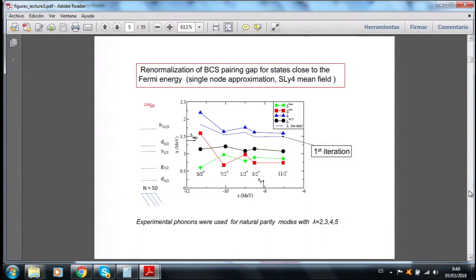In this case, I just compare what happens if I make a full iteration calculation or just a one iteration process. As I told you, the difference is not enormous, but the convergence, when you really iterate, you obtain this one. So the experimental gap, which is not far from the final result, is, say, 50-50 coming in this calculation from the bare interaction and the phonon exchange interaction.